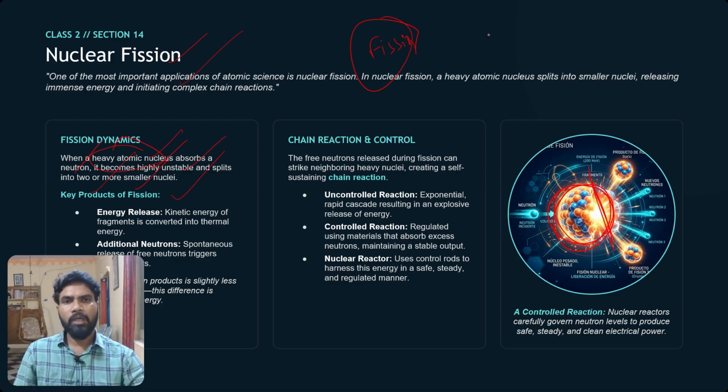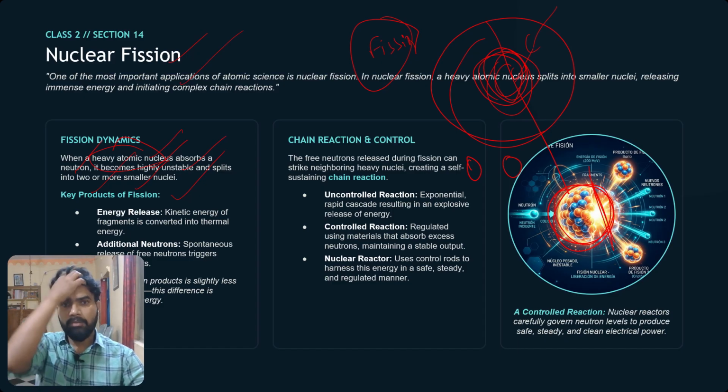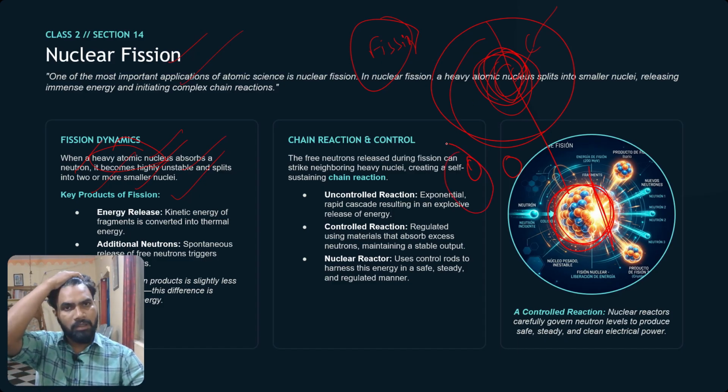Because of the absorption of the neutron, the force binding the particles in the nucleus will not be sufficient. That's why the nucleus will split and two or more smaller nuclei will be formed, and two or more different atoms will be born.